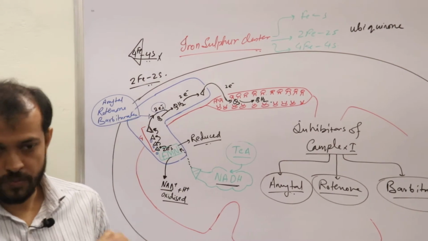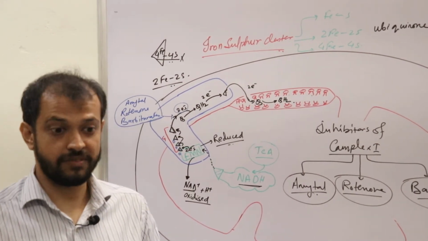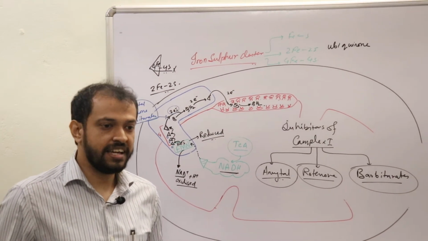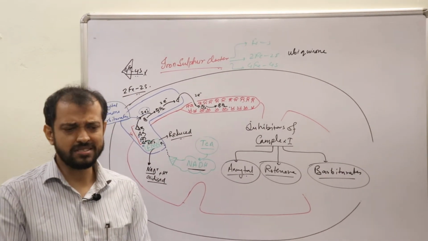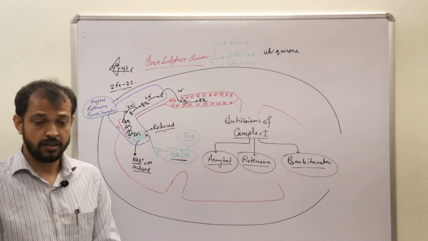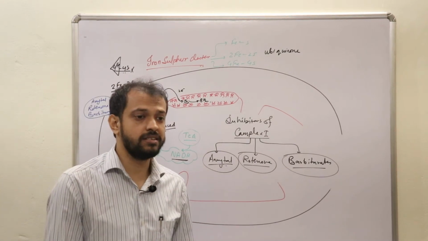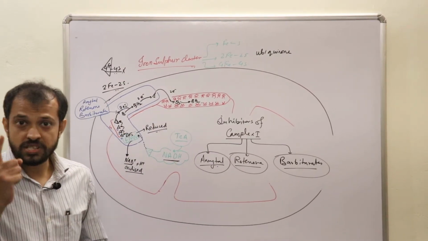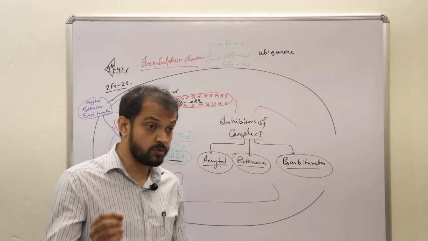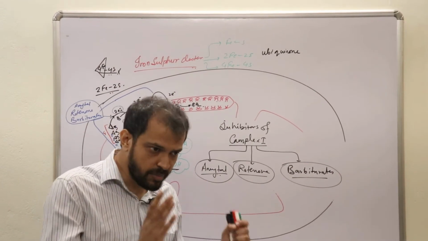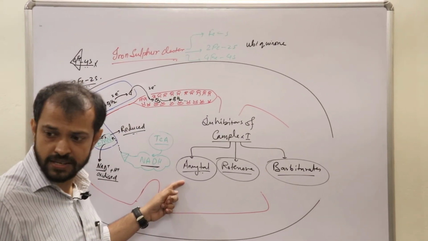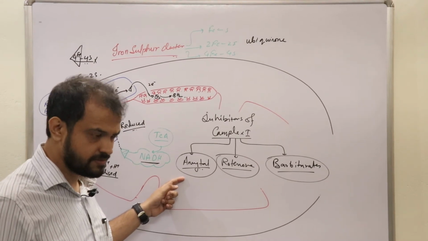Very few people know that there is a basic difference between the NADH which is coming from glycolysis and the NADH which is coming from the TCA cycle. What is the difference? They are NADH, right? Obviously they are NADH, no doubt about that. But the basic difference is this: the NADH which is coming from the TCA cycle is present in the matrix itself, right?